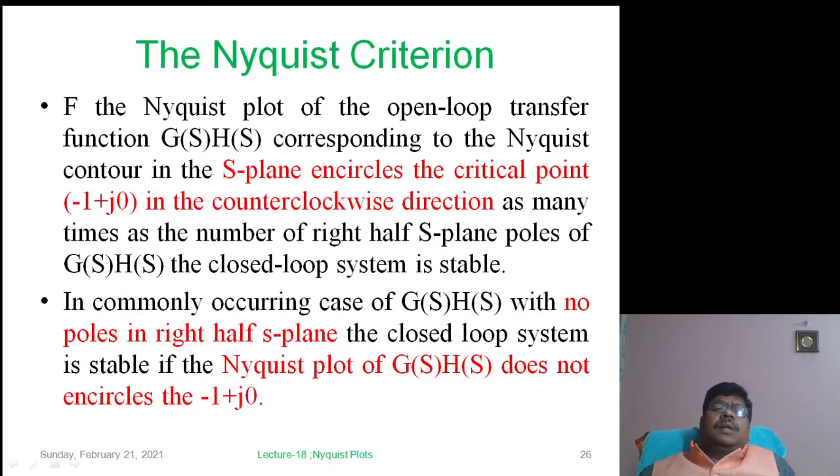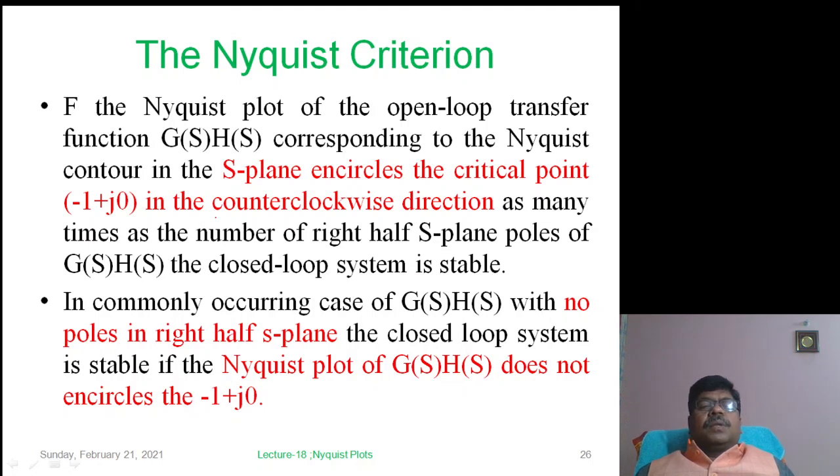Now, the Nyquist criterion: if the plot encircles the critical point minus 1 plus j0 in the clockwise direction as many times as the number of right half S plane poles of GSHS, the closed loop system is stable.